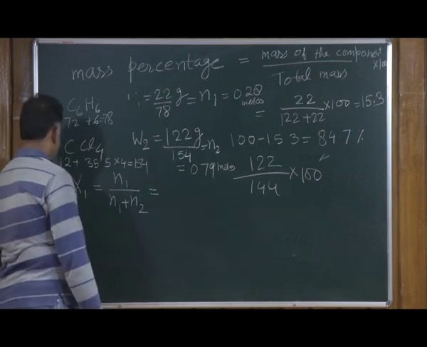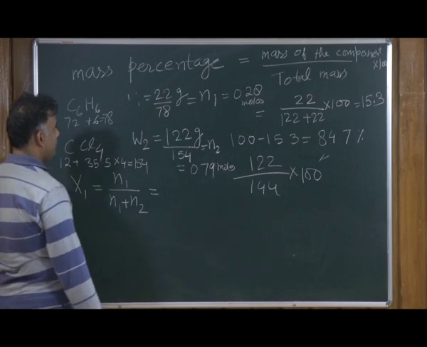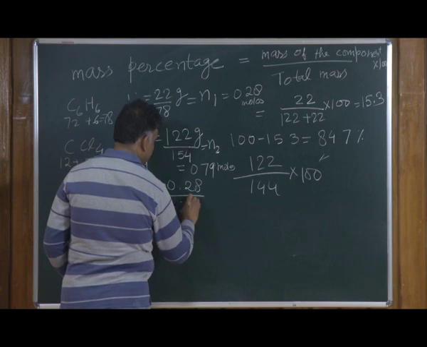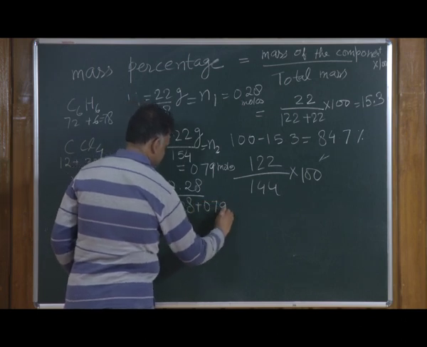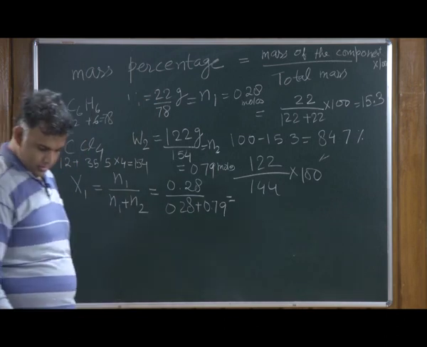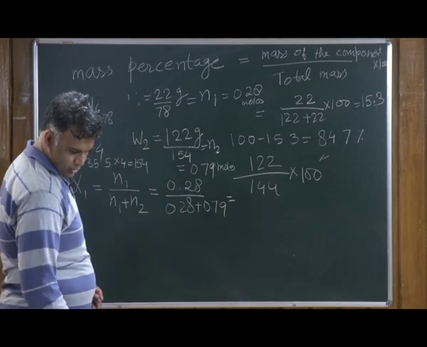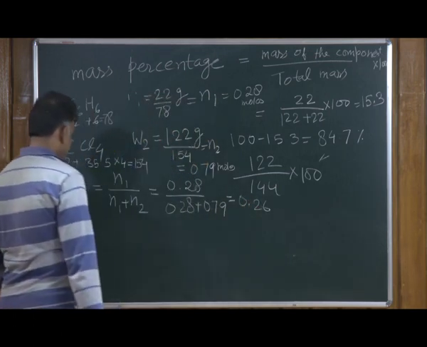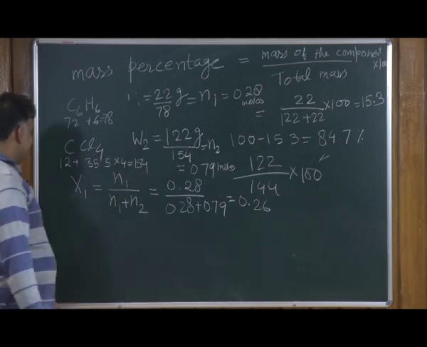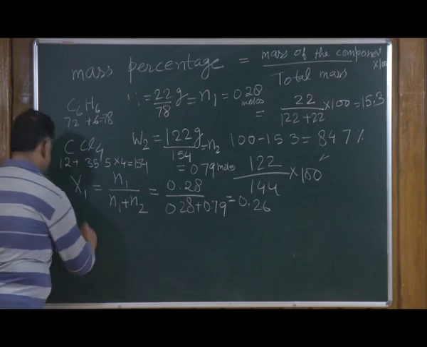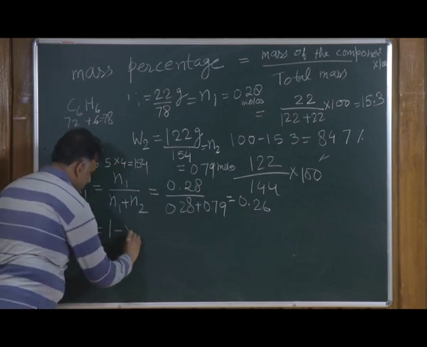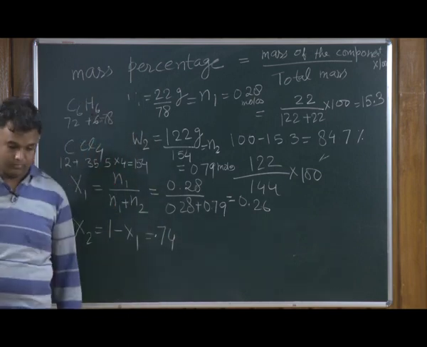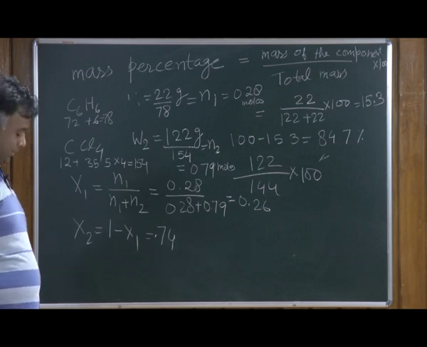So, mole fraction of benzene, component 1, would be simply 0.28 divided by 0.28 plus 0.79. So, 0.26. And of course, I can use the similar formula for calculating mole fraction of component 2, or I simply can calculate it by just using this information, 1 minus x1, and that would be 0.74. Okay. So, this completes this problem.